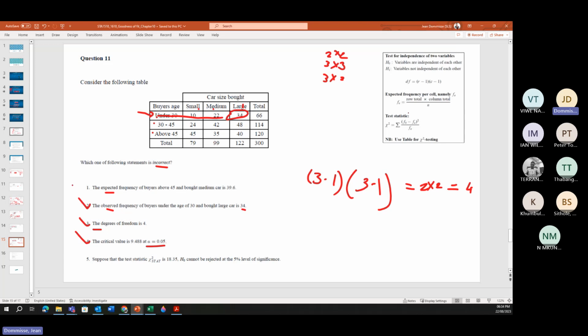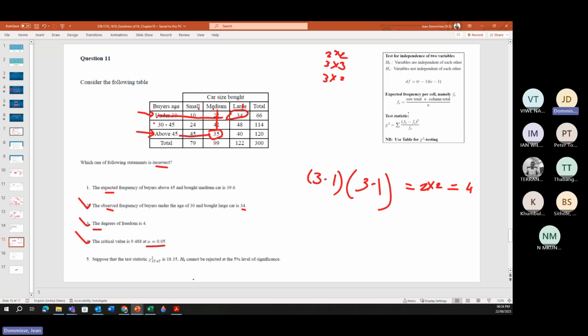Okay, the expected one. So let's look at the expected frequency of buyers above 45 years of age, and bought a medium car. So we will need to look at that, above and medium.